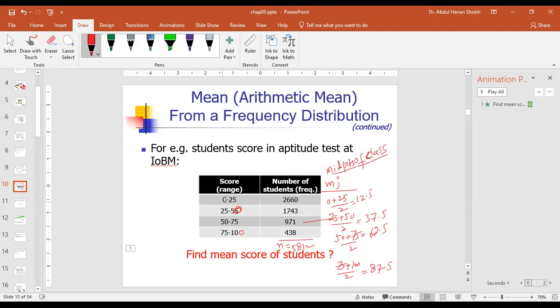But in groups, if that same raw data is grouped into our frequency distribution table, we represent it this way. Now we have 4 classes, 0 to 25, and so on; these classes don't even make sense. The meaningful classes for this real data would be 0 to 60, the failing students, 60 to 75, the C grades, 75 to 85, let's say B grade, and 85 to 99, the A grades, for example.